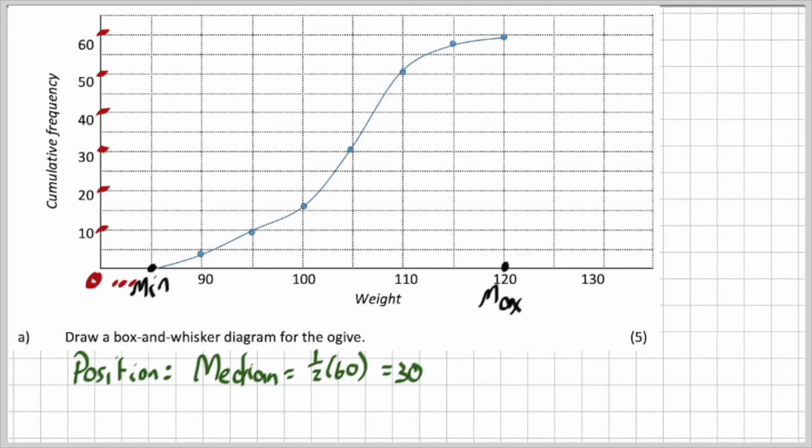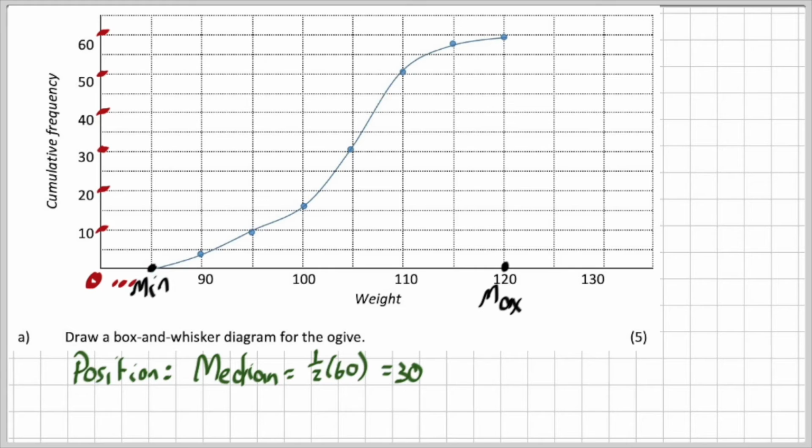Please understand that the formula of a half of 60 plus 1, ladies and gentlemen, we don't use that formula with Ogives. The reason for that is, number one, you mustn't actually use that formula according to the examiners. They don't want people to use that formula. At least the IEB examiners, I know they've come out and said they don't want people to use it.